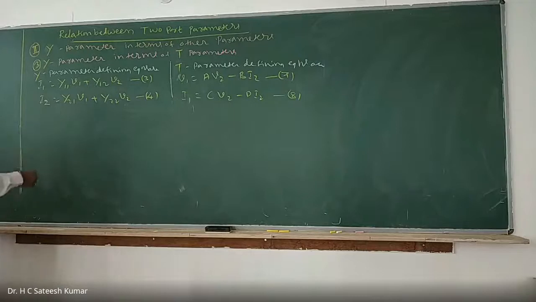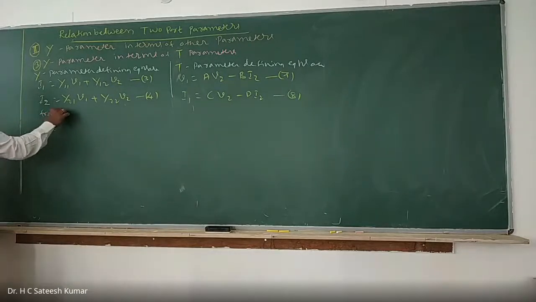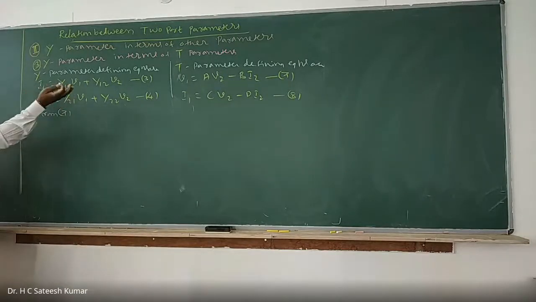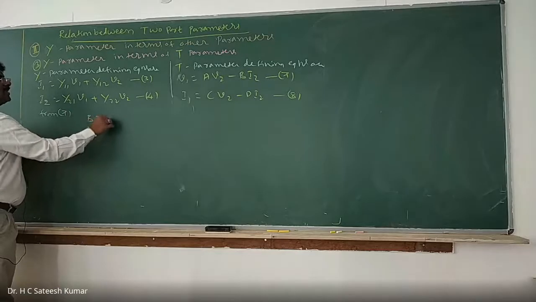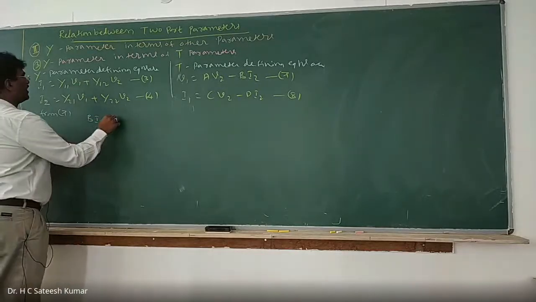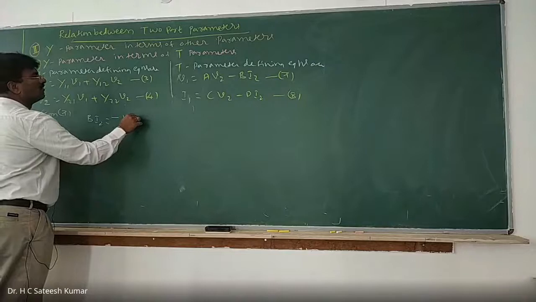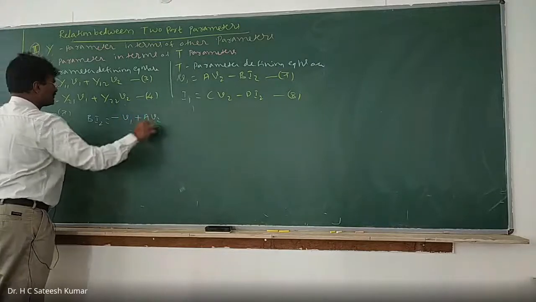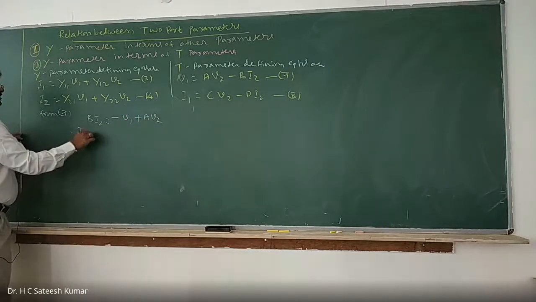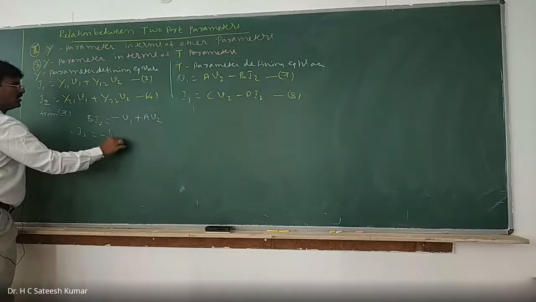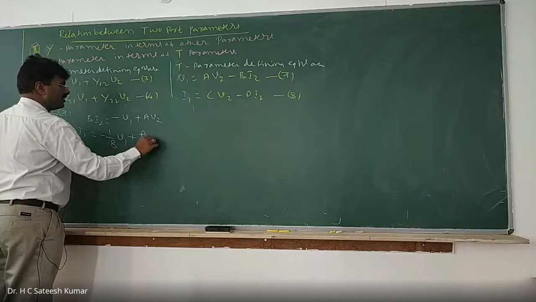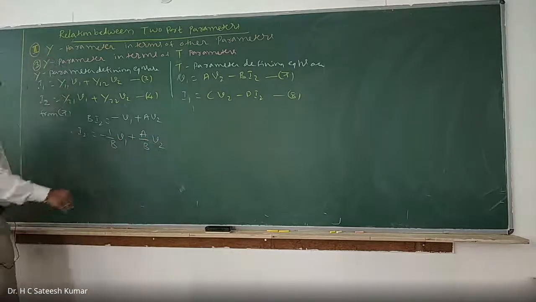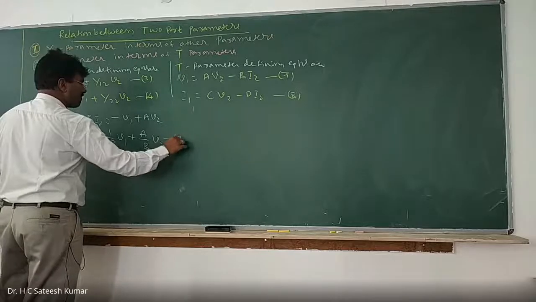So from 7, transfer BI2 to the left hand side, and the rest to the right hand side: minus V1 plus AV2. Therefore, I2 is equal to minus 1 by B into V1 plus A by B into V2, and call this equation number A.